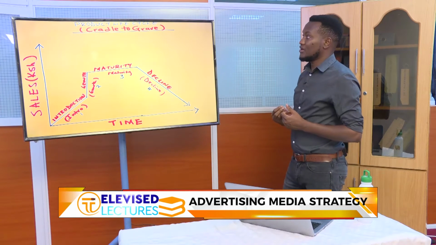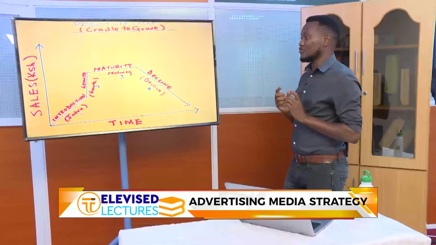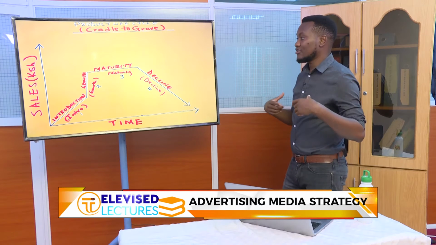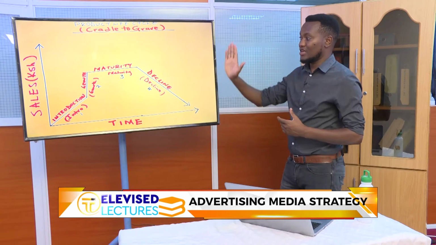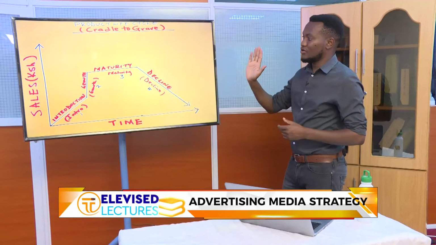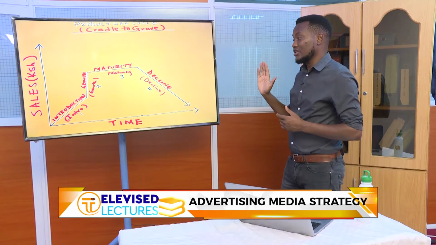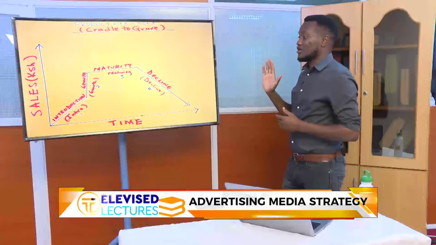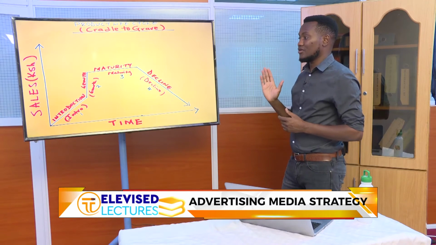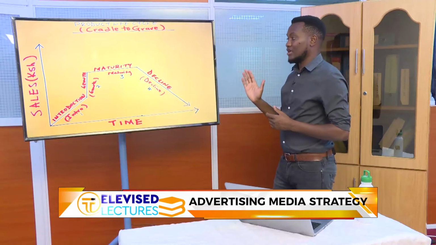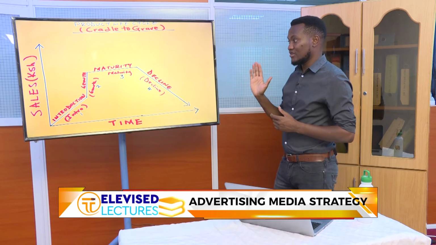But with effective advertising strategies, the product starts to grow, and then there is that peak level that is called growth, which is stage 2, and then the product is now being appreciated in the market. Customers are confident about the product or the service, and the growth is steady.